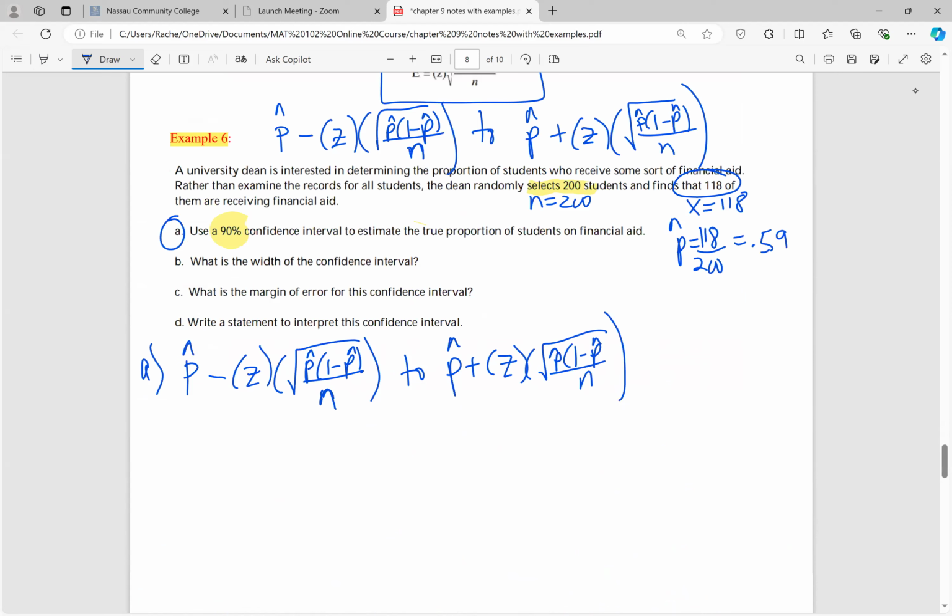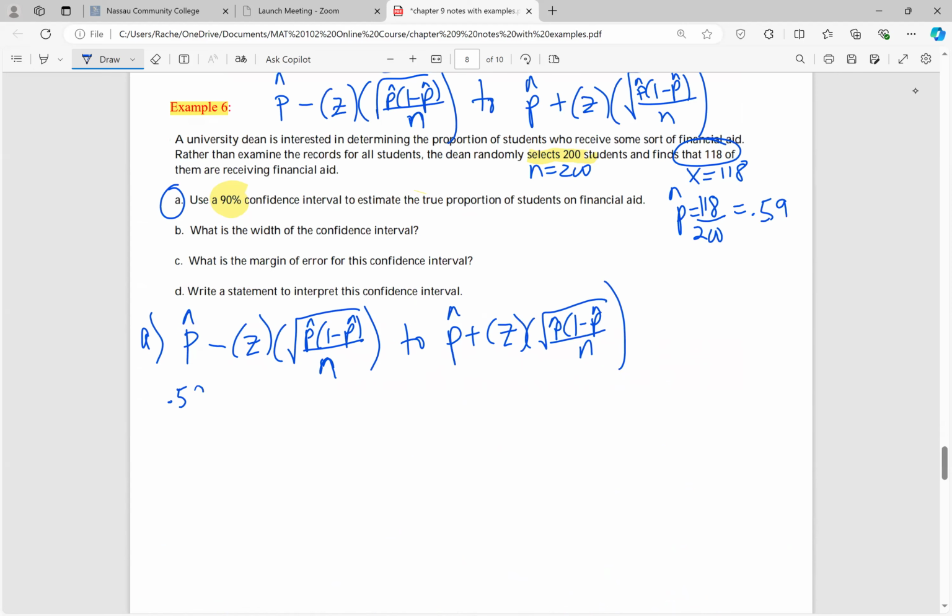So we could plug in. We're going to take p hat, which is 0.59, minus 1.65 times the square root of p hat, which is 0.59 times 1 minus 0.59 over n, which is 200. That's the lower bound on my confidence interval. Now we have to take the point estimate, 0.59, and add the margin of error.